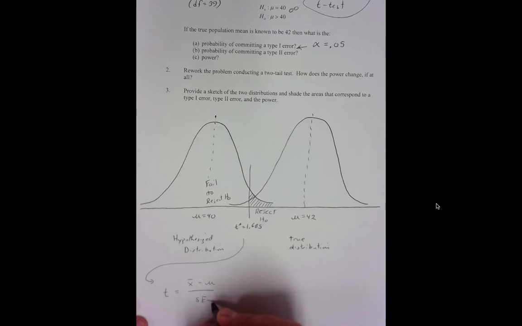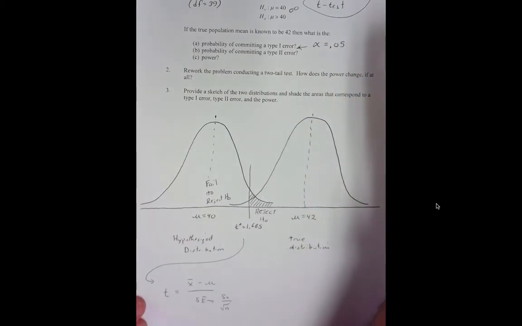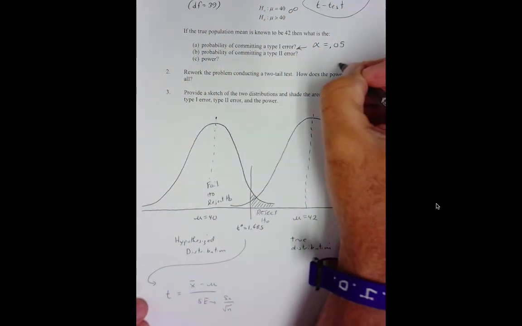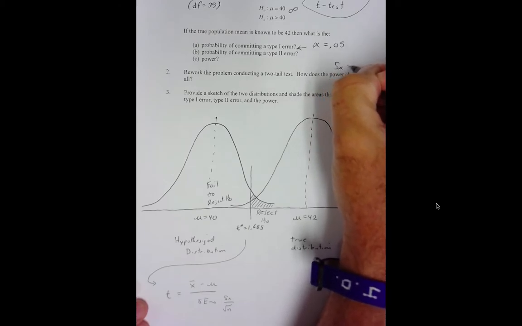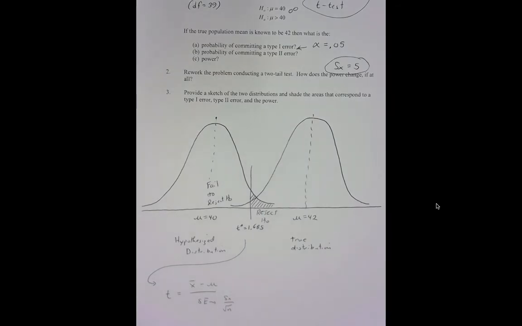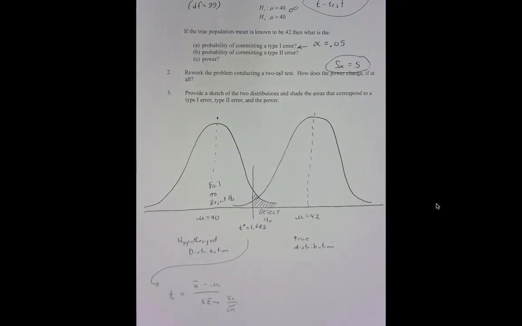Our standard error in this case will be the standard deviation over the square root of n. I'm not given the standard deviation, and I should have included that. So let's just say that we have a standard deviation equal to 5, just for illustration purposes.